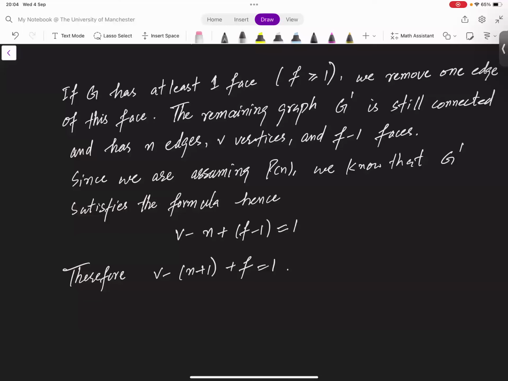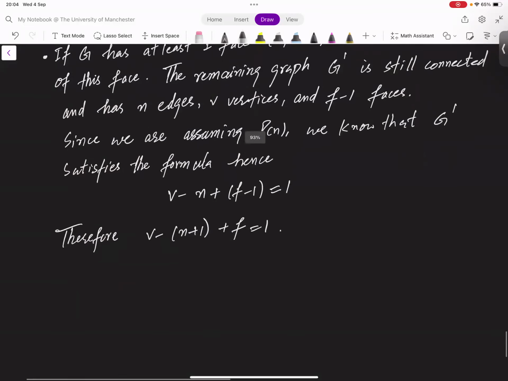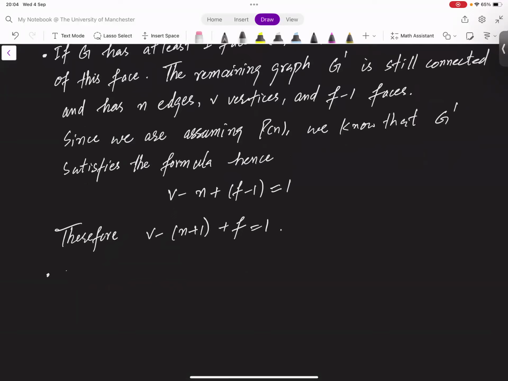Now, this was the condition. What about if G has no faces at all, which means F is 0?